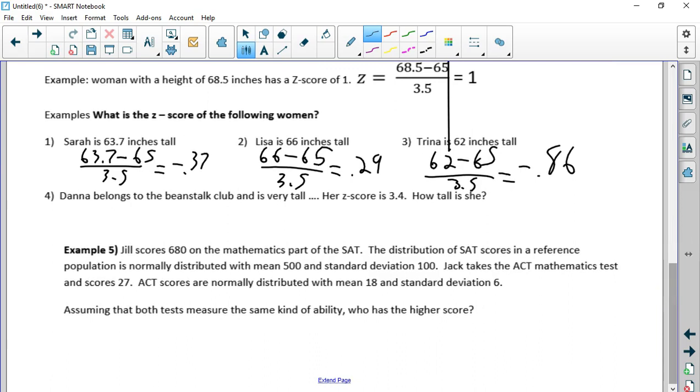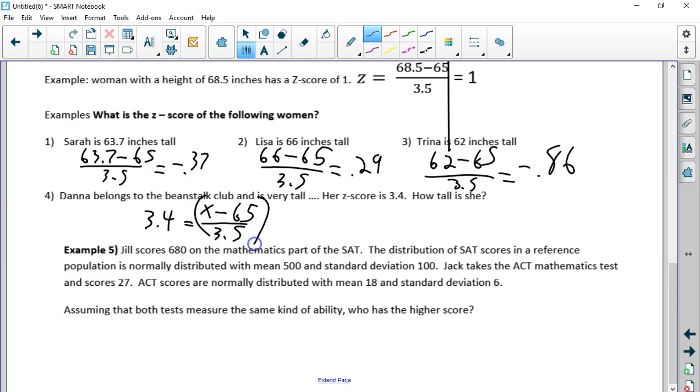Now Dana belongs to the Beanstalk Club. She's very tall. Her z-score is 3.4. How tall is she? Well, now we're working backwards because we know her z-score is 3.4. We don't know her actual height. We do know the mean, and we know the standard deviation. So now we just work backward algebraically.